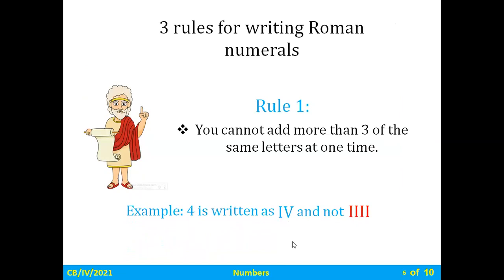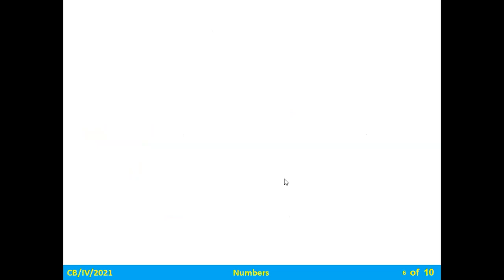But for 4, we cannot use 4 I's, we have to use IV. Now why IV specifically and not I on this side? Those rules we are going to learn in the next 2 rules. So this was rule number 1.